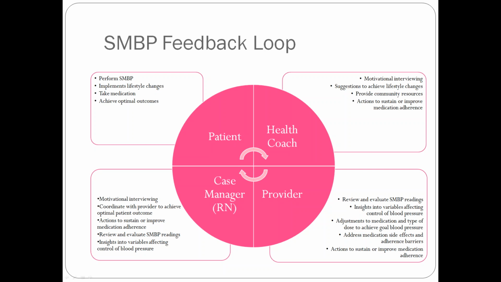The healthcare provider reviews and evaluates the patient's SMBP readings and manages the patient's medication regimen. The last person in the feedback loop is the RN case manager, who coordinates between the patient, health coach, and provider to achieve optimal outcomes.